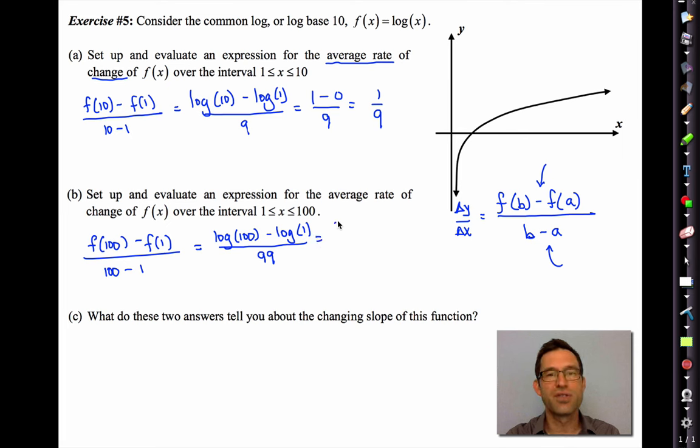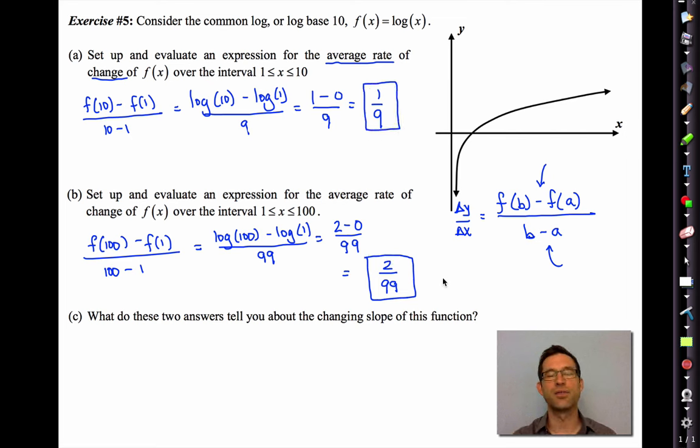Log of 100 is 2. Log of 1 continues to be 0. So 2/99, much smaller. I mean, 1/9 is not a particularly large average rate of change, but 2/99 is very small. For every 99 units that x goes up, y goes up by only 2.